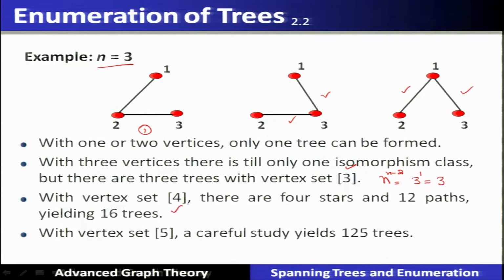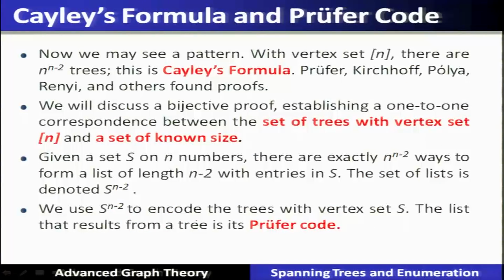Similarly, if we take a vertex set of 4 labeled vertices, then there are 4 stars and 12 different paths. In turn, that comes out to be 16 different trees as far as Cayley's formula is concerned, and so on.